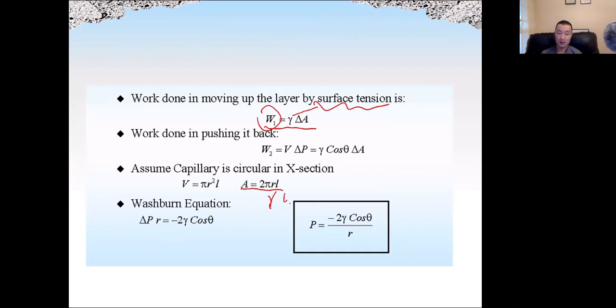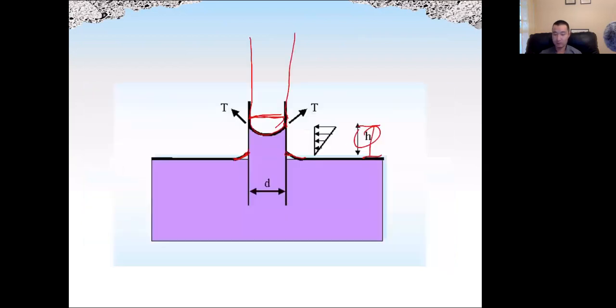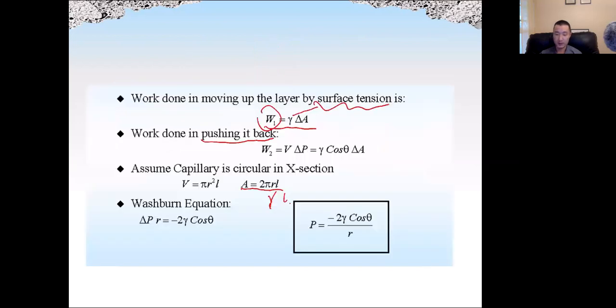The work done in pushing the liquid back is covered by this equation. So the volume is the capillary volume, which again is a function of alpha and L. Alpha is the radius, L is the length.